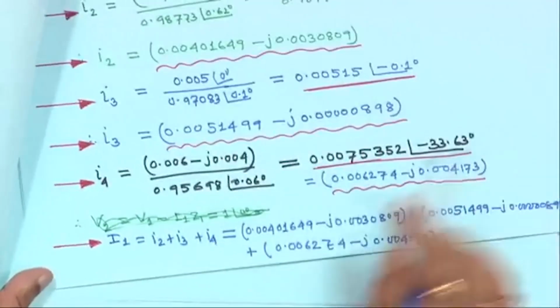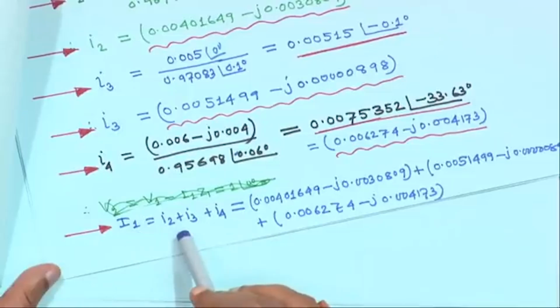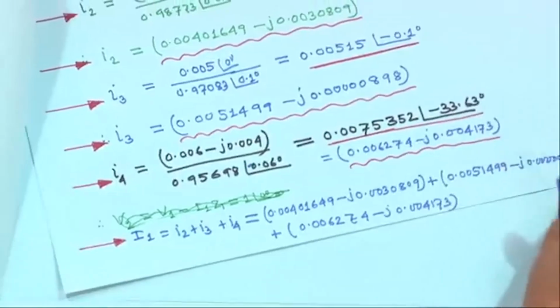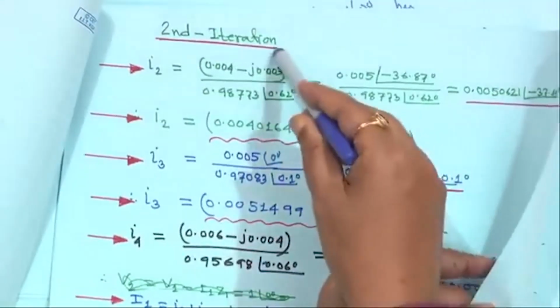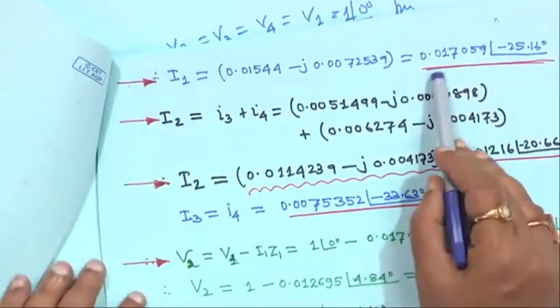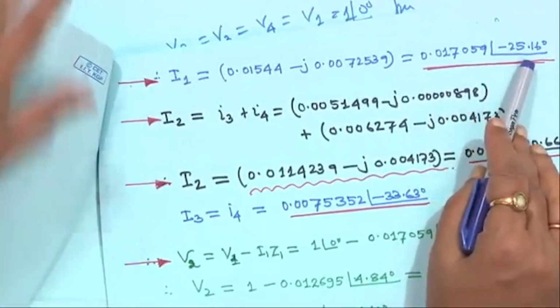So, with this now capital I1 is equal to I2 plus I3 plus I4, sum up all the currents. Then you will get the second iteration branch current. With this you will get I1 is equal to, after simplification, 0.017059 angle minus 25.16 degree.